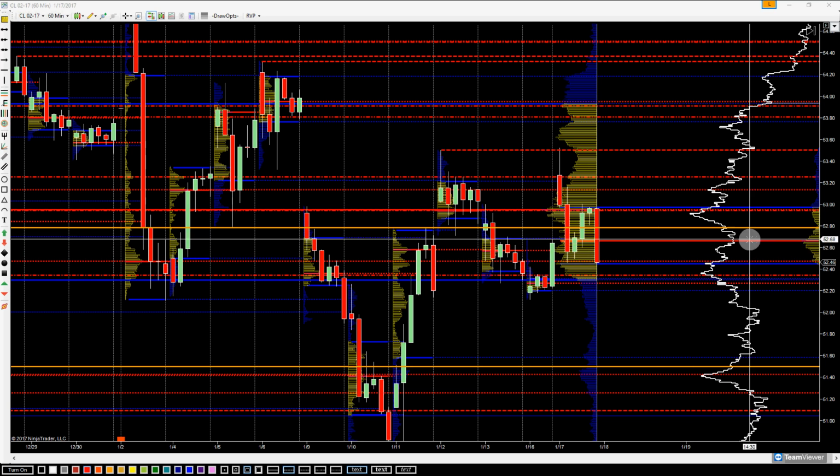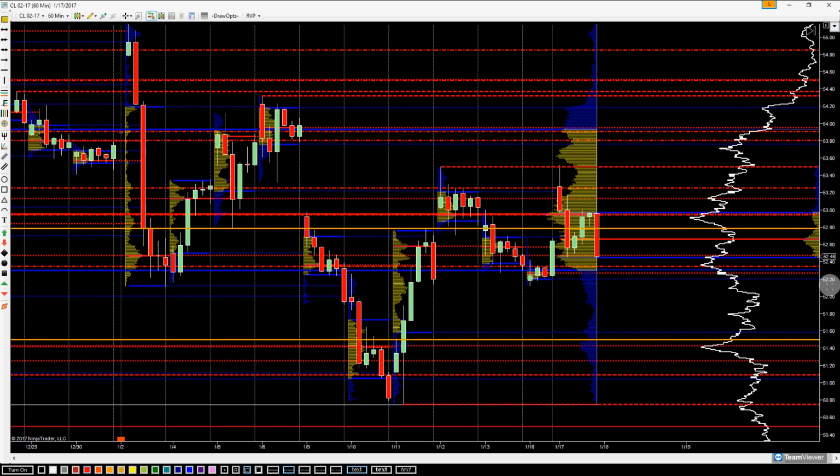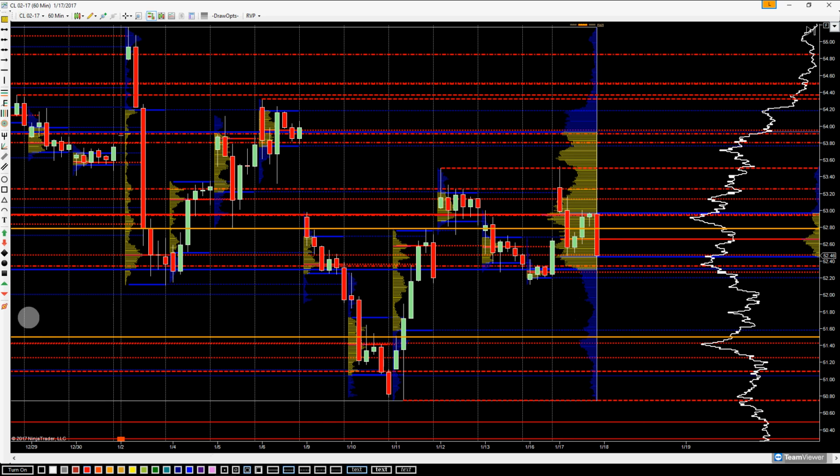Let me scrunch this up a little. Okay, so I'll draw that out one more time just to prove to you that although I do kind of make this up as I go, meaning I don't plan these ahead, I look at what I see and go from there. So again, test overnight low, test this VPOC, have this hold, come up, test this high volume node, chop around, push down, fail at what was initially support, and then start testing lower.